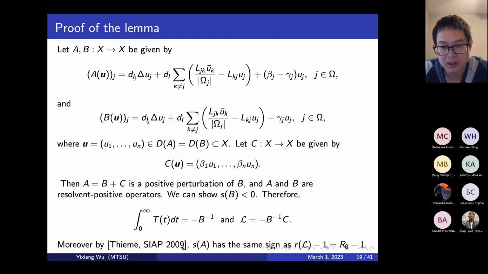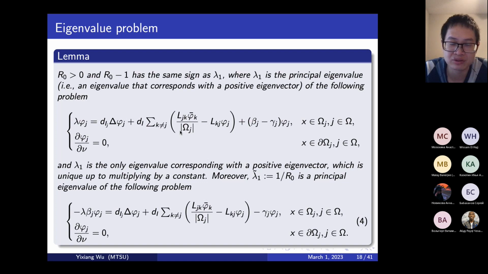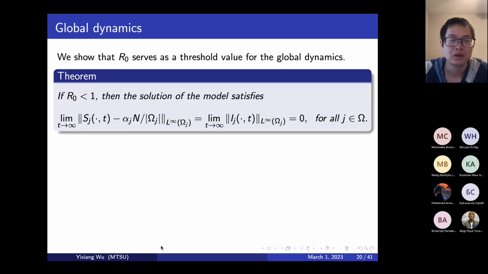The spectral bound of A, which corresponds to the principal eigenvalue of this eigenvalue problem, has the same sign as R0 minus 1, which is the key result in this SIAM applied math paper.